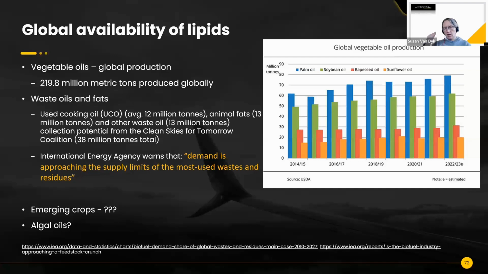As I said, the World Economic Forum report gave a reasonably accurate assessment of 38 million tons. The IEA basically said that demand is approaching the supply limits of most of these used waste.